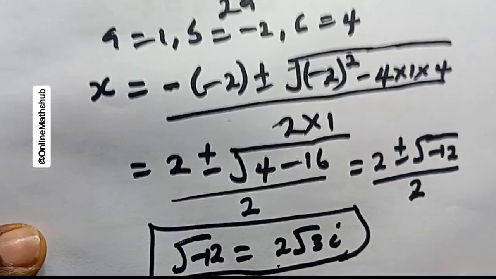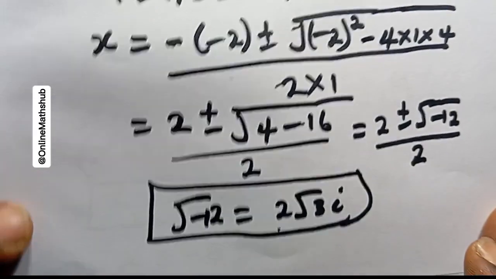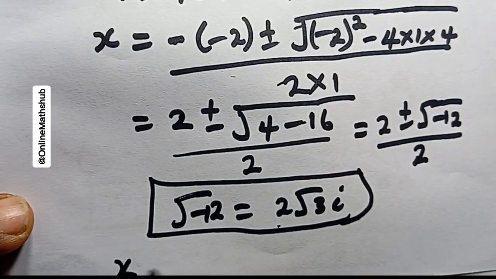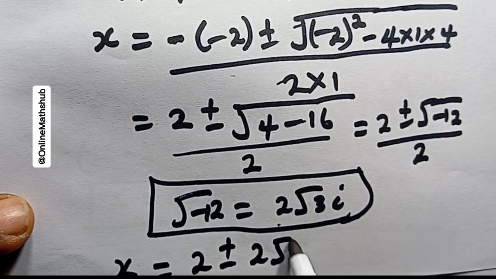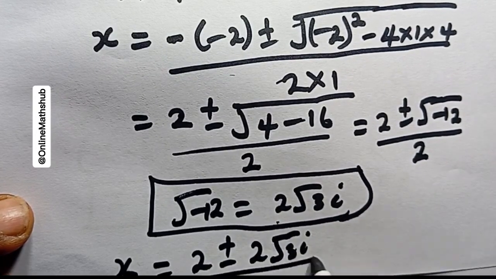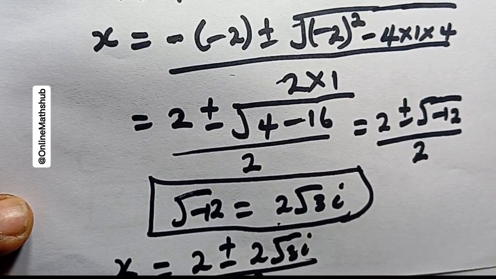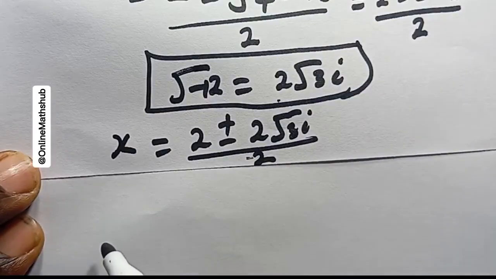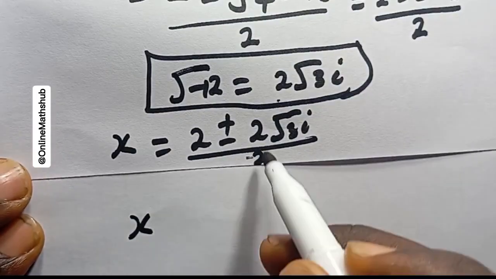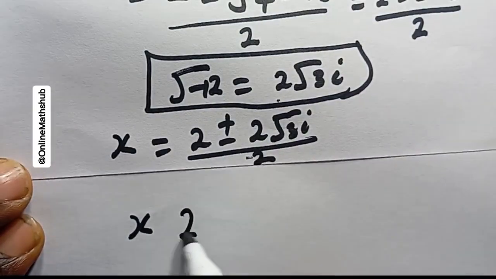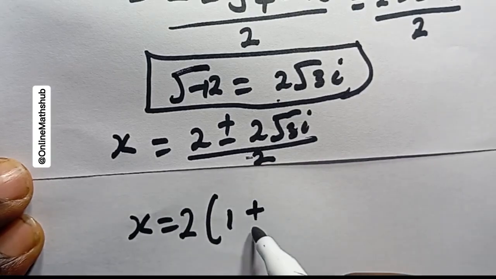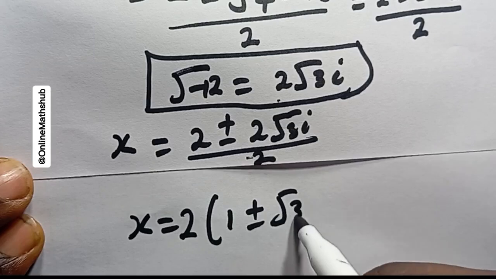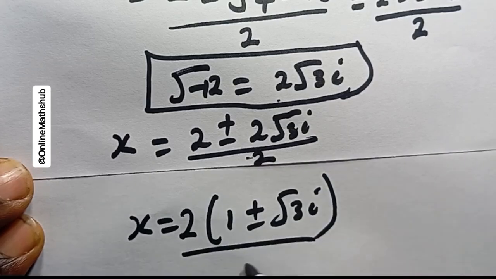So x is equal to 2 plus or minus 2 root 3i, all divided by 2. Moving on, I can factorize this 2 out, so this is 2 into 1 plus or minus root 3i, all divided by 2.